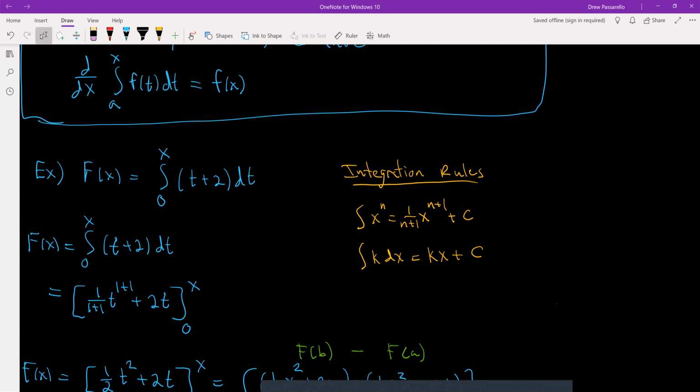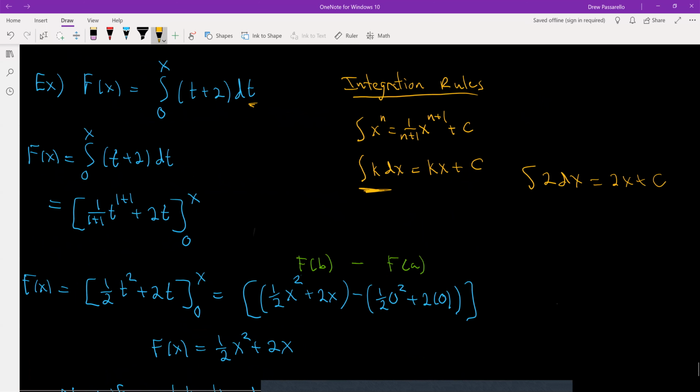And then integrating 2 makes use of this integration rule: if we have 2 dx, that's 2x plus c. Now the difference is I have the letter t because my variable of integration is t. So you have 1/2 t squared plus 2t.